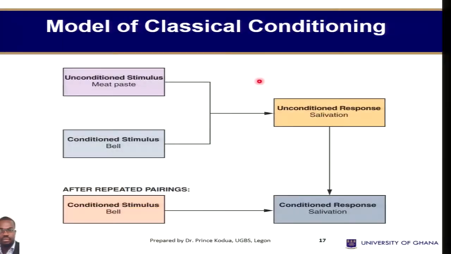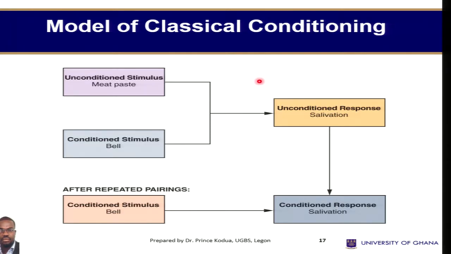You realize that between the meat and the dog, because that is a natural relationship, a dog sees meat, salivates. The meat, in this case, we refer to as the unconditioned stimulus. We don't have to do anything for a dog to salivate at the sight of food or meat.